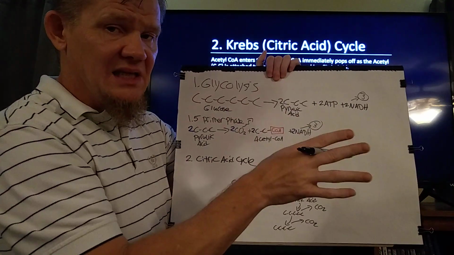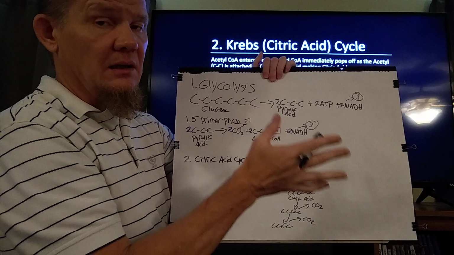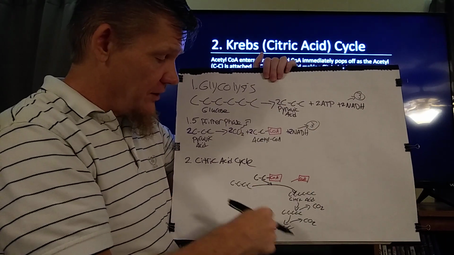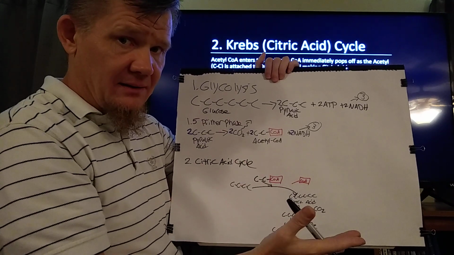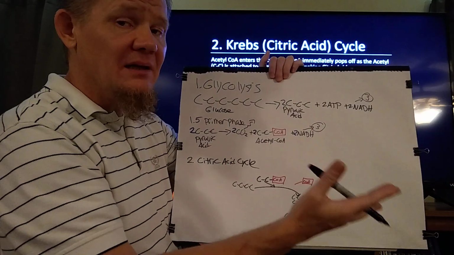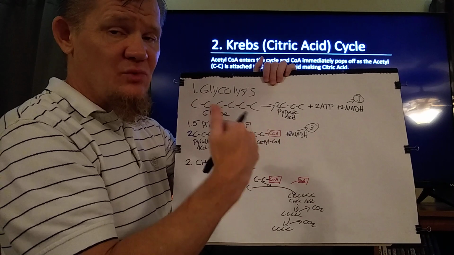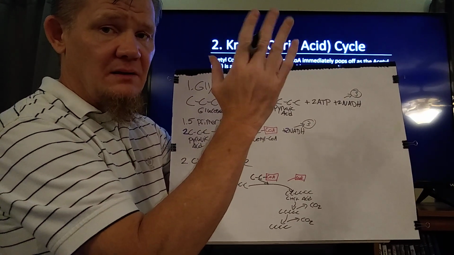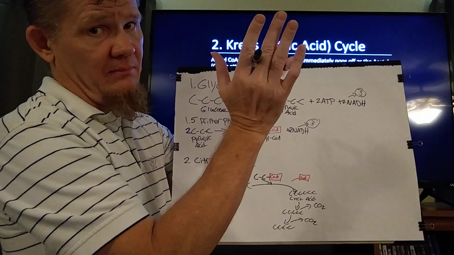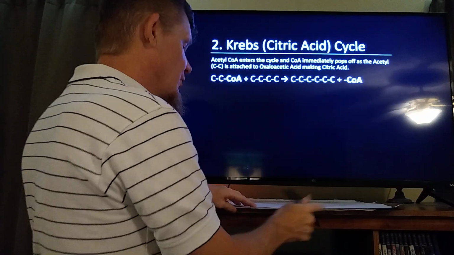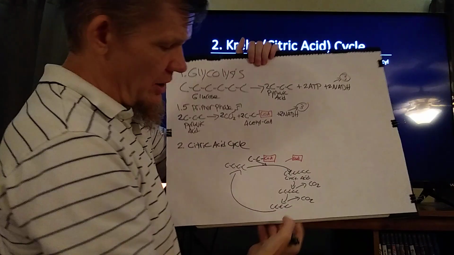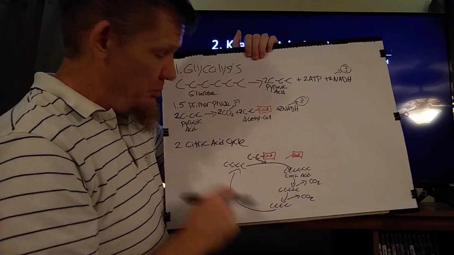What does it mean that it's a cycle? It means that at the end of the first run, I'm at the beginning of the second. What happens when Monday ends at 11:59 p.m.? Tuesday starts at 12 a.m. So I've got to reform, turn this 4-carbon molecule back into that one.